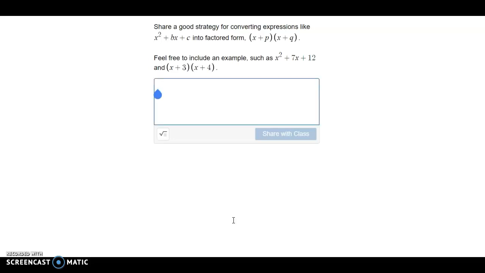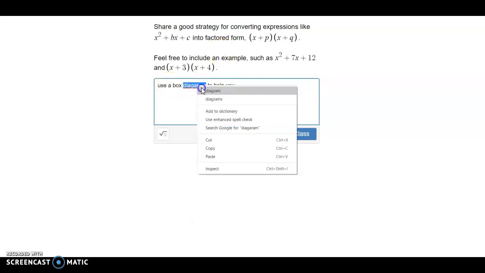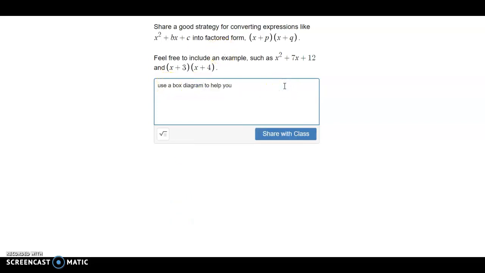I would say my biggest suggestion would be use a box diagram to help you sort out the factors.